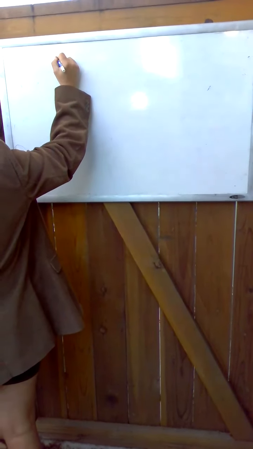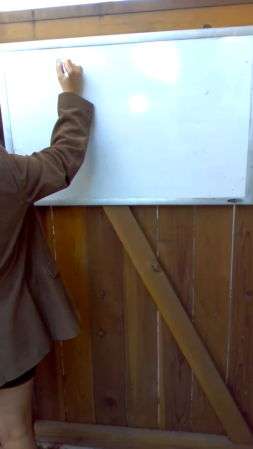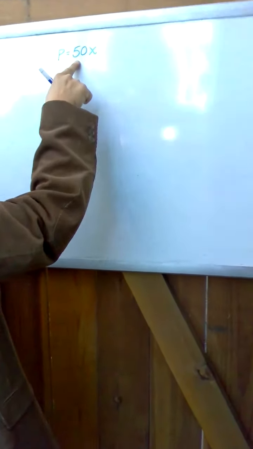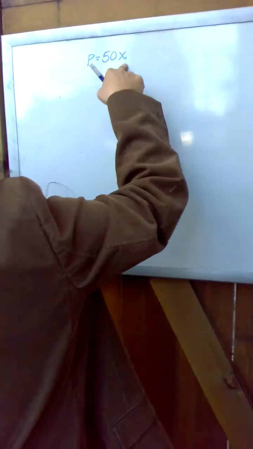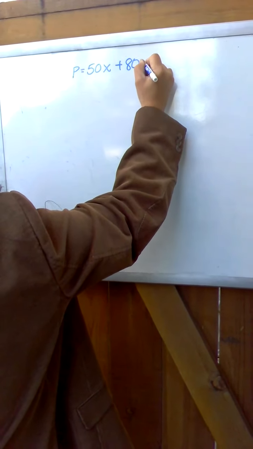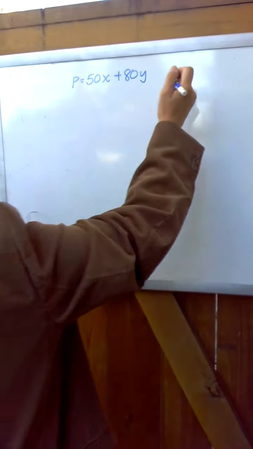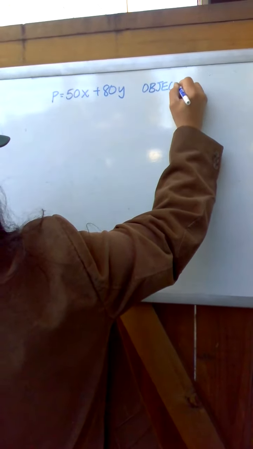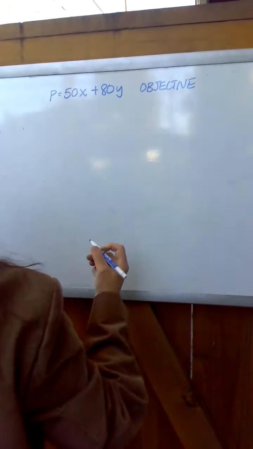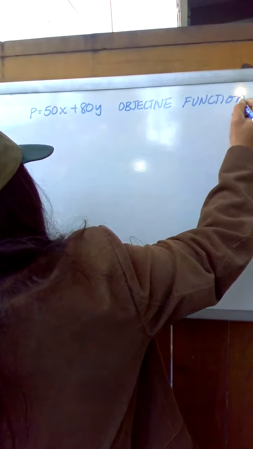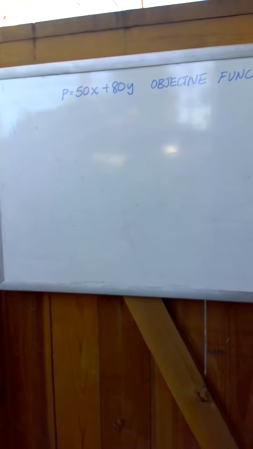Okay, so here we have P equals 50x. That's how much profit we make for every standard tent. And we make $80 for every expedition tent. So this is what we call our objective function. The objective function is the one that we are trying to focus on.